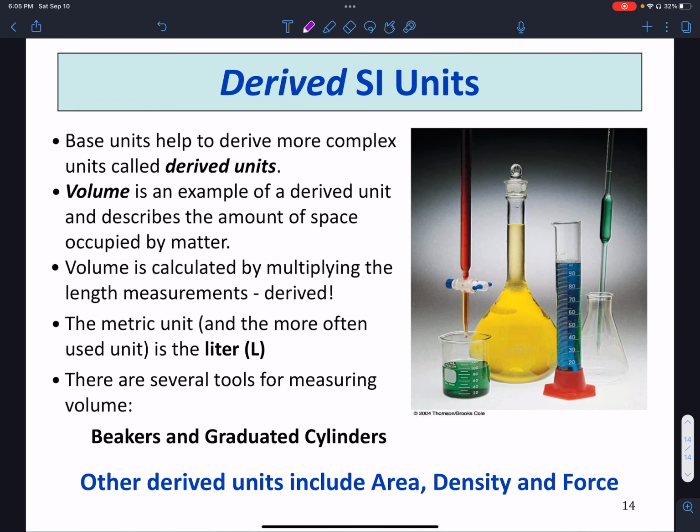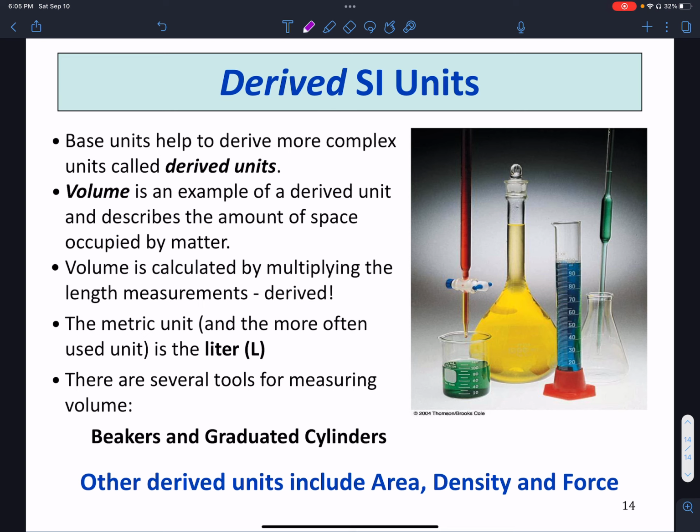There are many other units. Those are called derived units. Base units help us derive these more complex units. A great example of a derived unit is volume. If I have a cube and I want to determine the volume, I can multiply 3 length measurements to get that volume. That's what makes it derived versus a base unit.